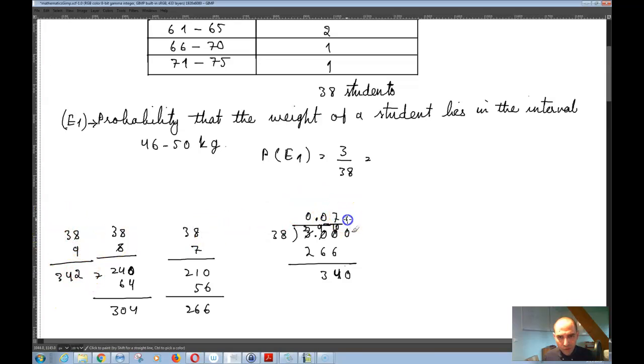So 8 times would be 304, and then you get some remainder. So I can take this as approximately 0.08.